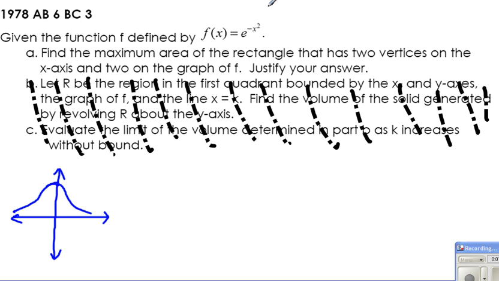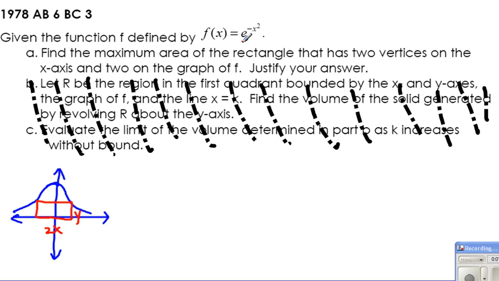Now, we're looking for the rectangle. The rectangle will be something like this. That means the base, because this portion is x, will be simply 2x, and the height will be equal to y.